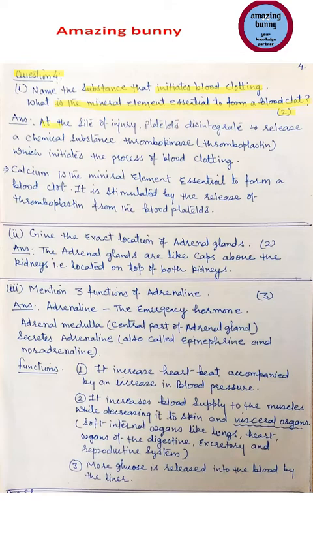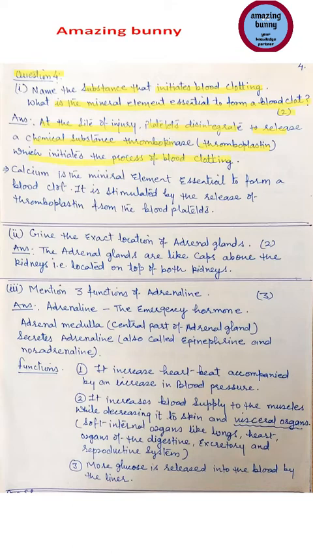Now at the site of injury, platelets disintegrate. We know that platelets are also present in blood. They release a chemical substance, thrombokinase, which is also known as thromboplastin. So first step, whenever there is a cut or injury in the tissue, platelets disintegrate and release a substance called thromboplastin or thrombokinase, which initiates the process of blood clotting.